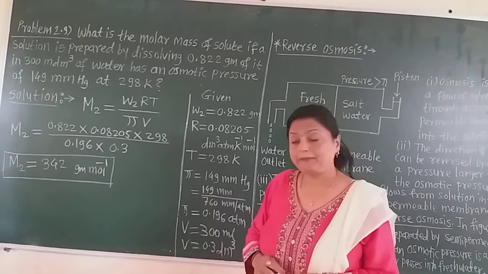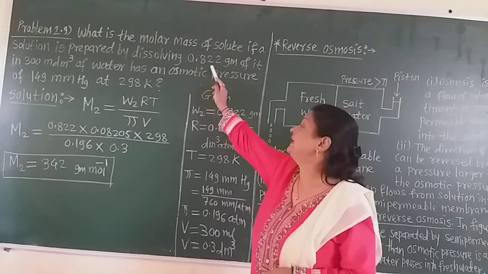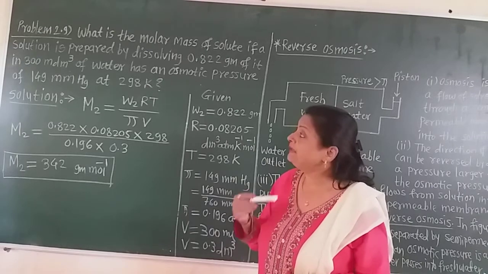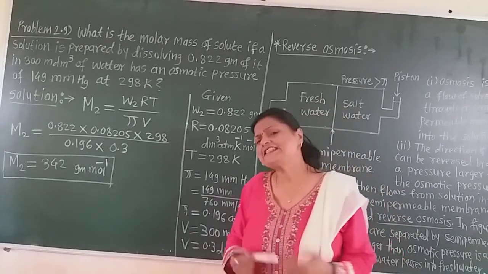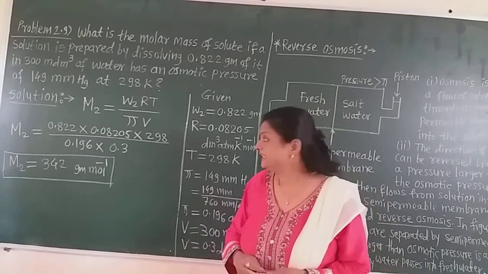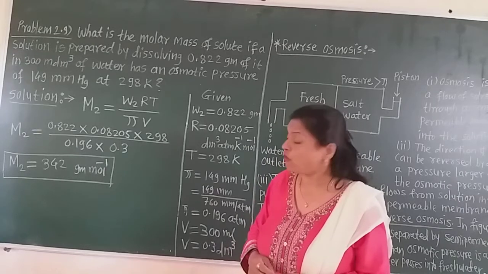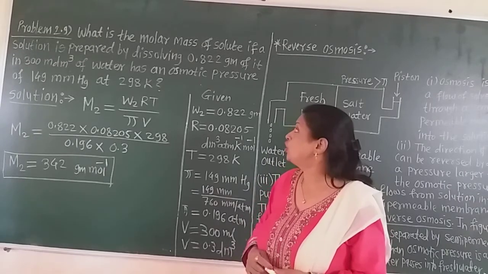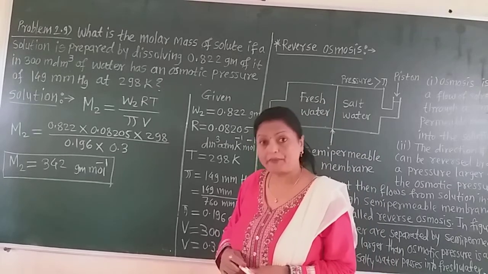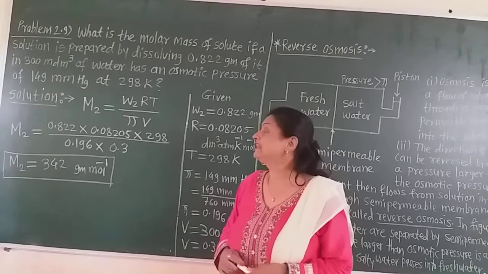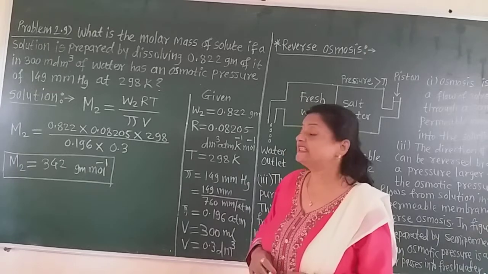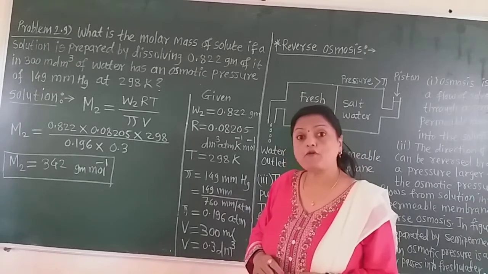The solution is prepared by dissolving 0.822 gram of solute in 300 dm³. dm³ means ml, milliliter. So the 300 milliliter of water has an osmotic pressure of 149 mm of Hg at 298 Kelvin. The temperature is 298 Kelvin and the osmotic pressure is given as 149 mm of Hg.